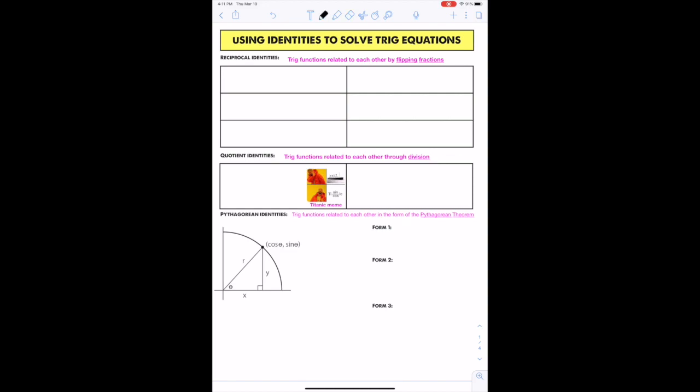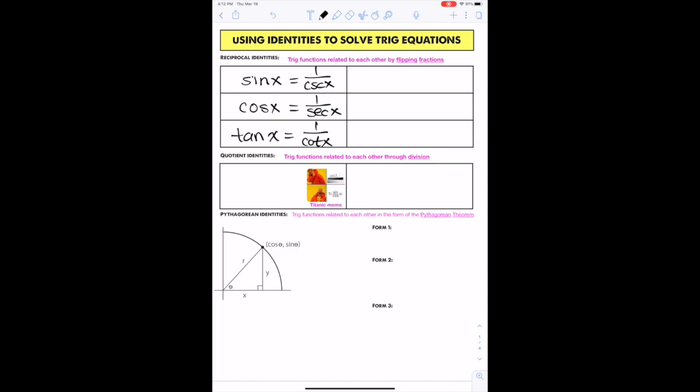Okay, so first, you need to know, and hopefully you already know, that sine is just a flipped cosecant. You need to know that cosine is just a flipped secant. You need to know tangent is just a flipped cotangent.